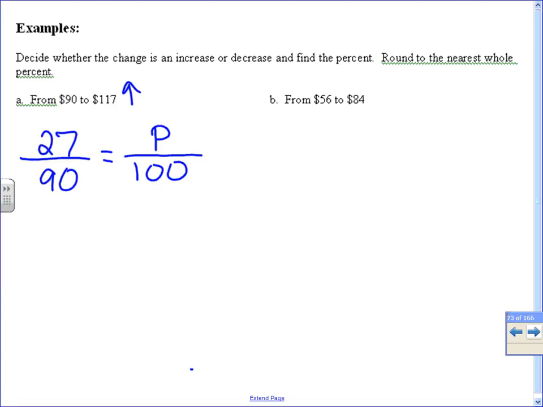You can use X instead of P if you want. Okay, use cross product and solve. What is the percent increase? Matt? Good. It's a 30% increase. Please either write the word increase or draw an arrow for me. Okay, Doug, you're with us, right? Okay. All right, Annalise?